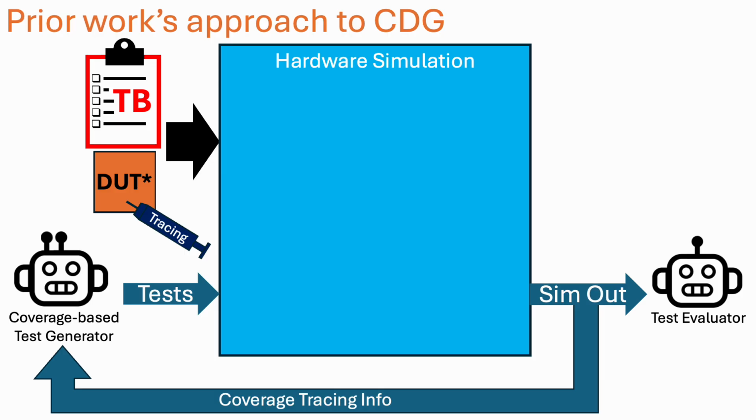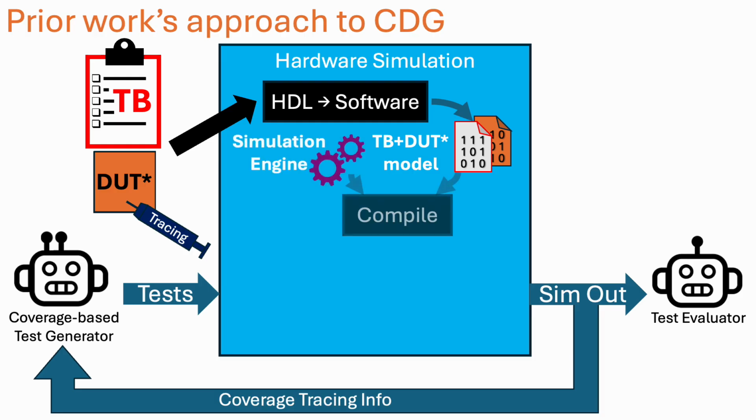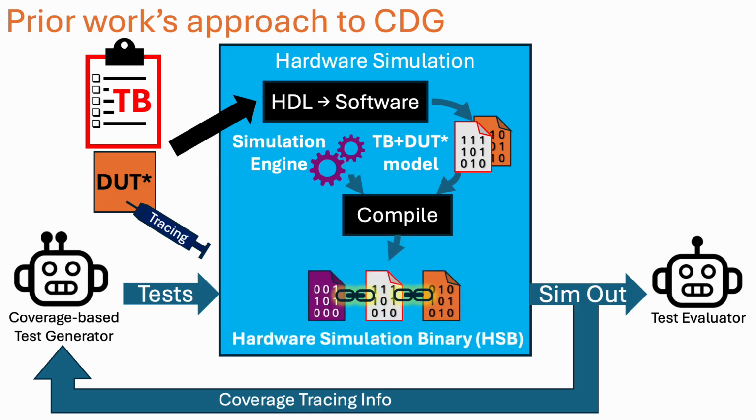So you can see that the first thing the hardware simulator does is convert this HDL into software binaries, and then compile it with a simulation engine that's capable of simulating how the hardware will behave, and then it ends up with this hardware simulation binary, after you link all of these binaries together.